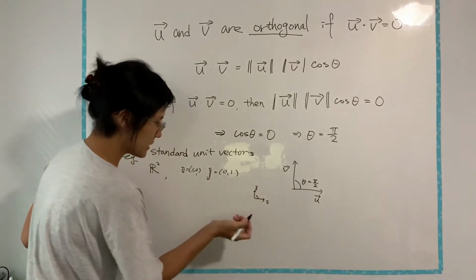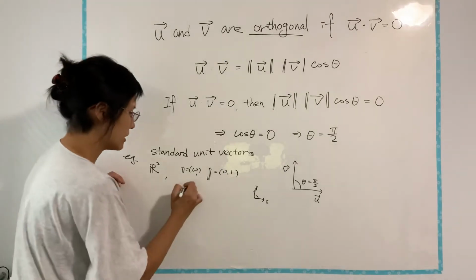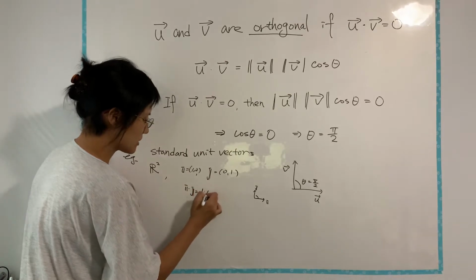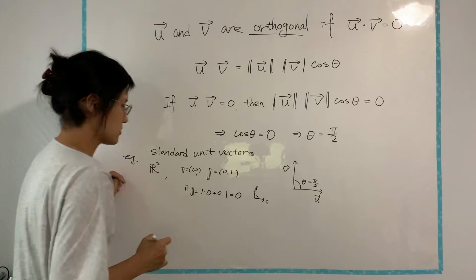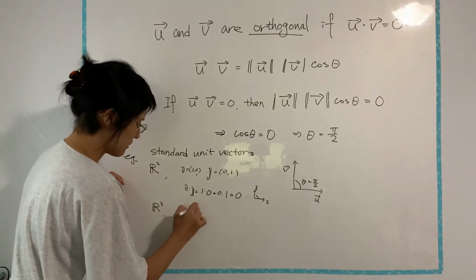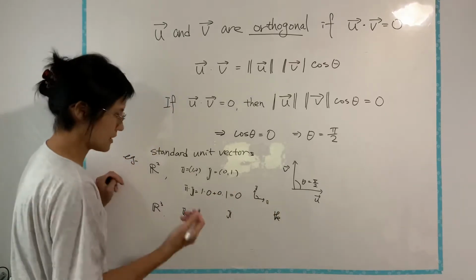So you know they are perpendicular, right? So that's just the fact that you know. And you can double check: i dot j is equal to 1 times 0 plus 0 times 1. That gives you 0.